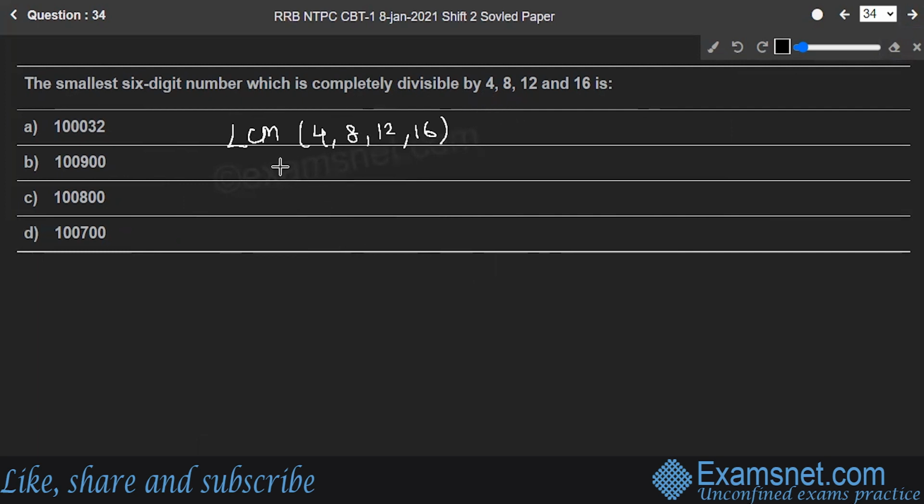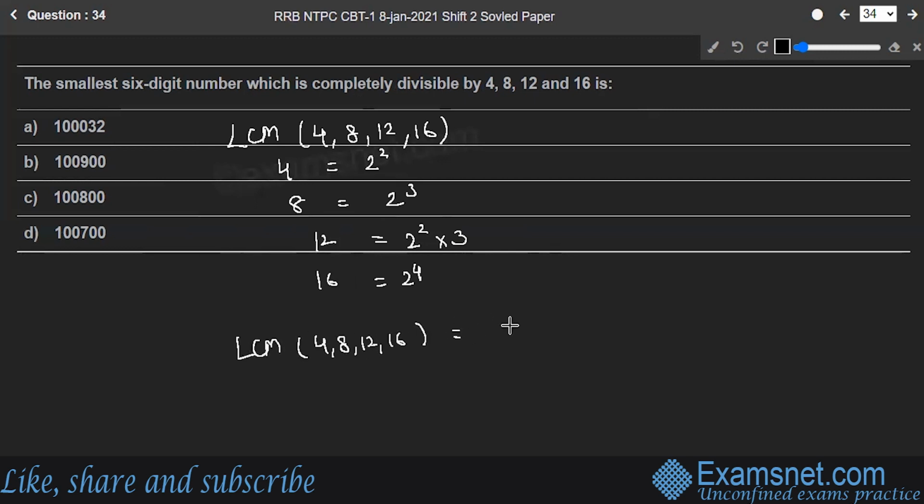So let's write down the factors. 4 is equal to 2 square. 8 is 2 cube. 12 is equal to 2 square into 3. 16 is 2 raised to power 4. Now the LCM of 4, 8, 12, and 16 is equal to 2 raised to power 4 into 3, that is equal to 48.